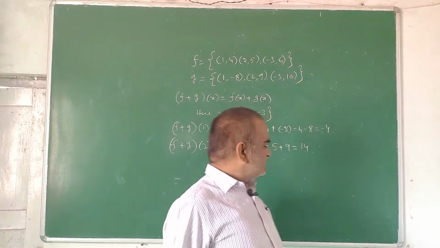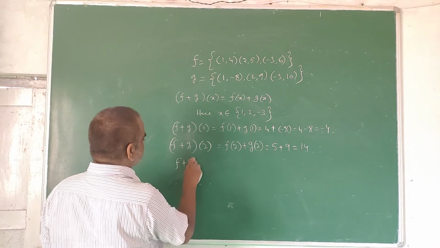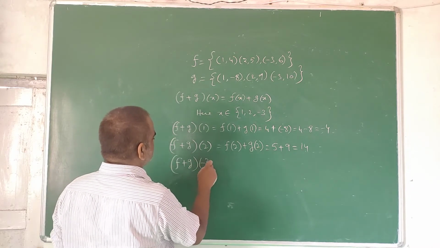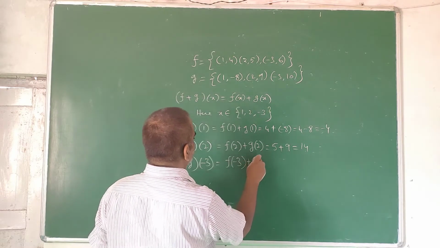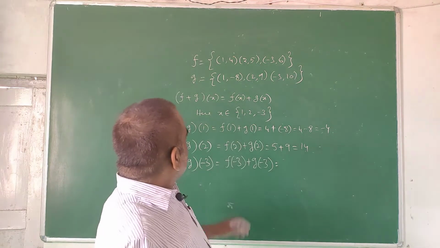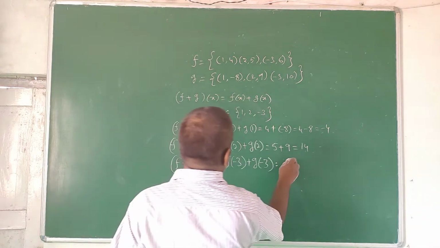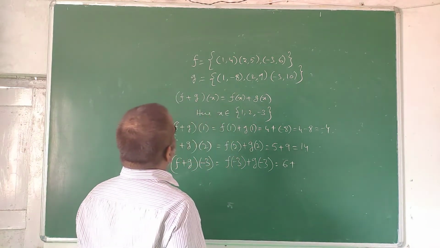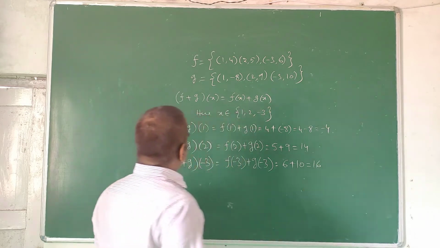Next coming to (f plus g) of minus 3, equal to f of minus 3 plus g of minus 3. By definition f of minus 3 is 6 plus g of minus 3 is 10. 6 plus 10 is 16.